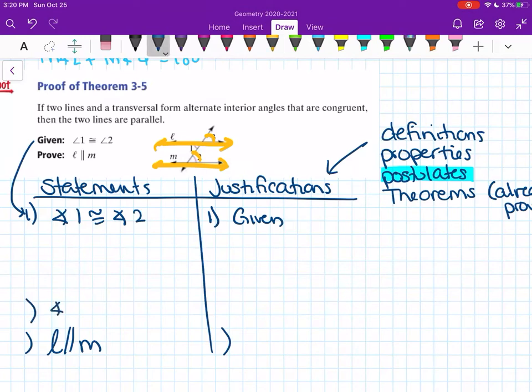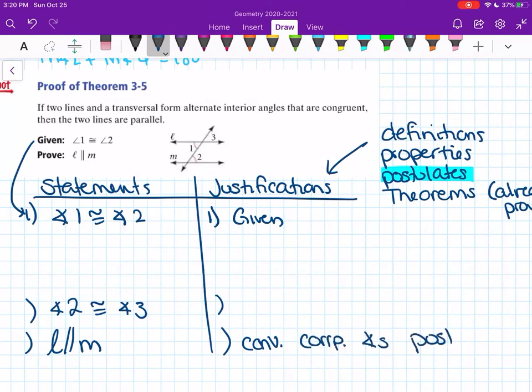So if I knew corresponding angles, so angle 2 was congruent to angle 3, if I knew that, then I can conclude that L is parallel to M by the converse of the corresponding angles postulate. And I am more than happy if you abbreviate, but please make sure that you abbreviate with like 4 letters of words, and never abbreviate substitution and subtraction, because that can be a little confusing.